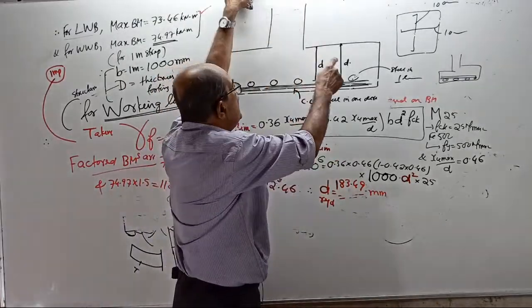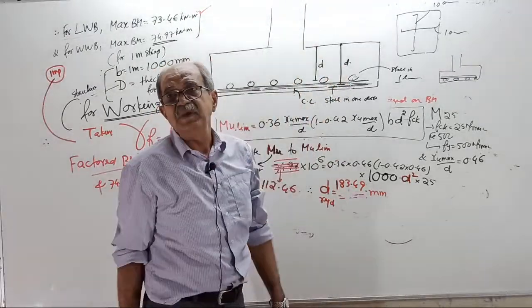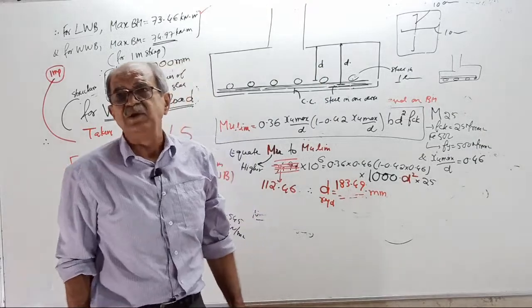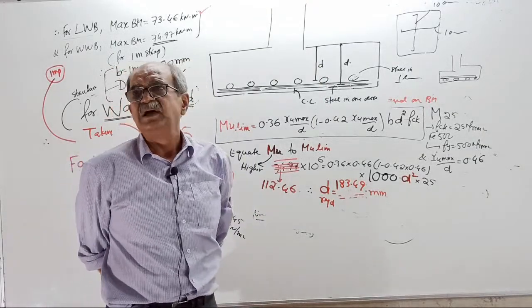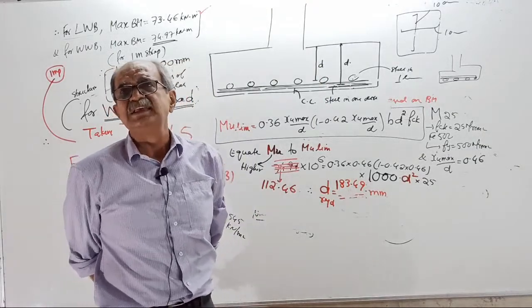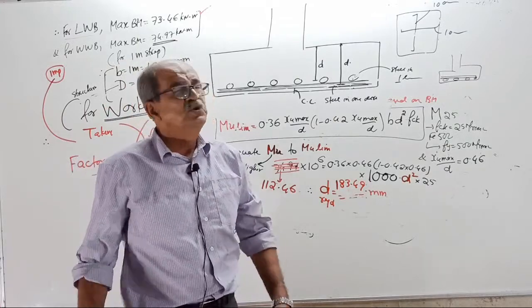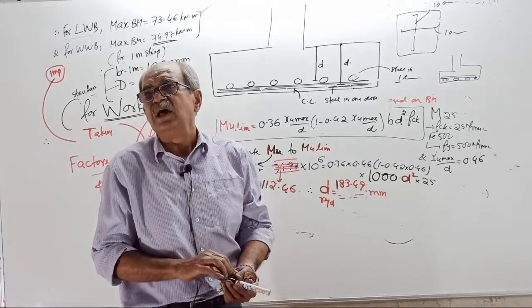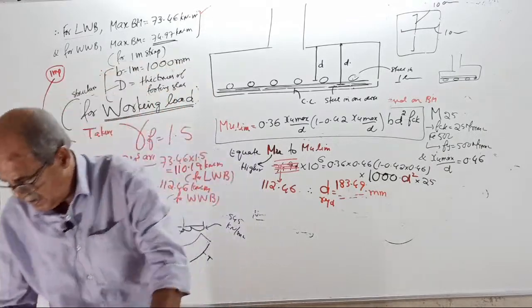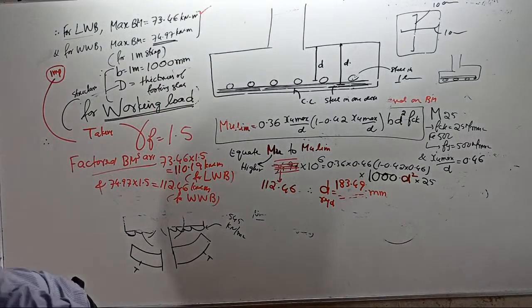Higher D or lesser D? To be on the safer side, write note. You don't worry which steel is placed first. For practical design, you take whichever steel has the lesser D. Lesser D.